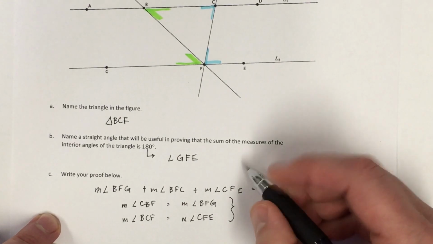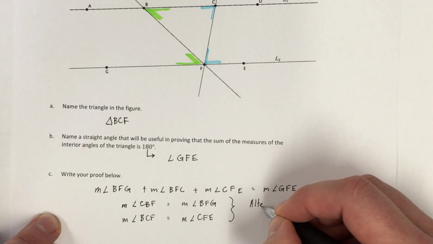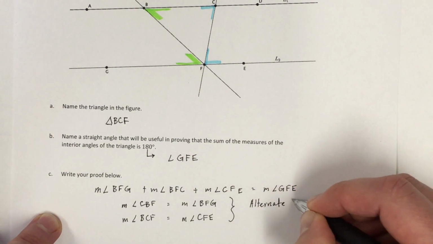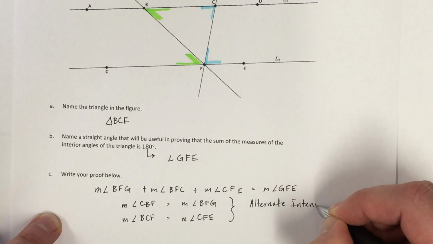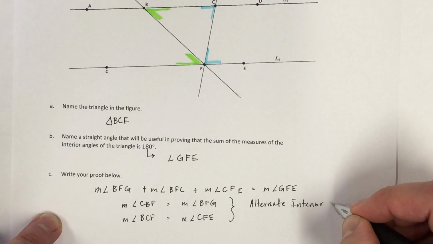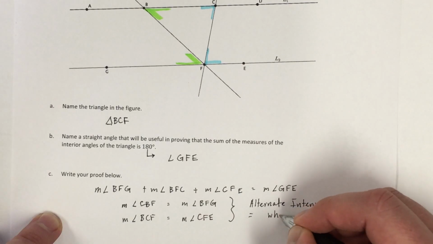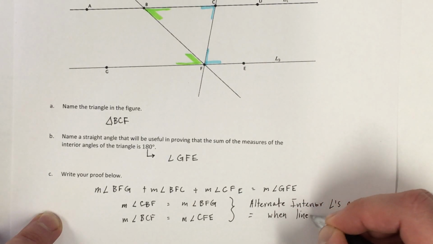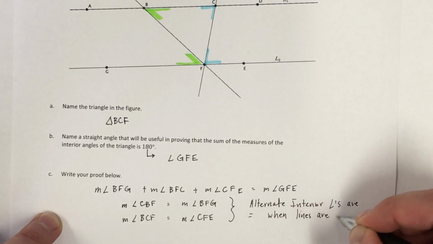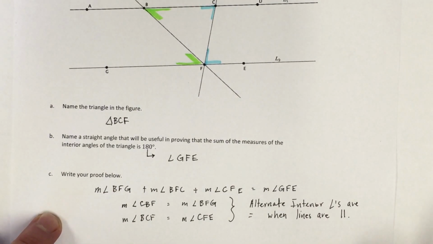The reasoning behind that: alternate interior angles are equal when lines are parallel.